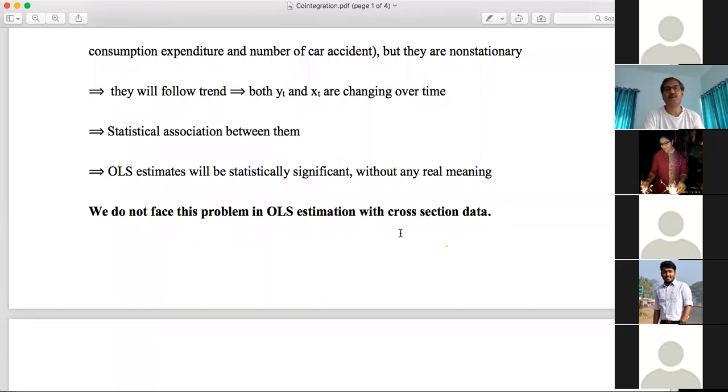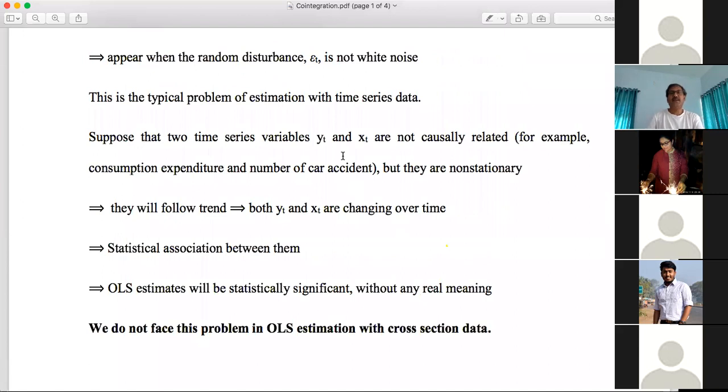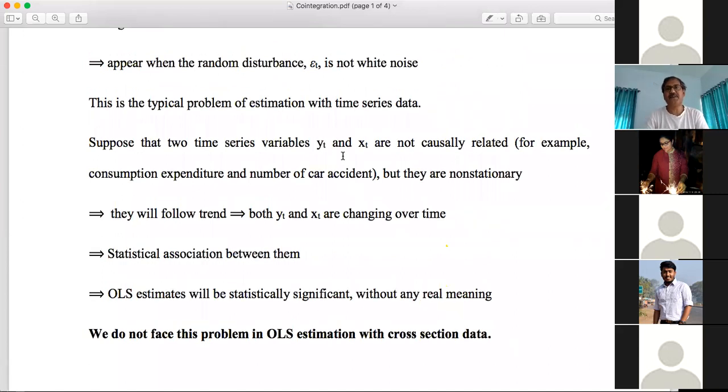If we estimate a simple or multiple linear regression model with the number of car accidents and consumption expenditure in cross-section data rather than time series, that is, you are collecting data on the number of car accidents from several places at a particular point of time, and data on consumption expenditure at a particular point of time but from different places.